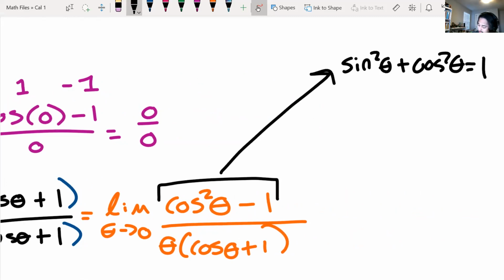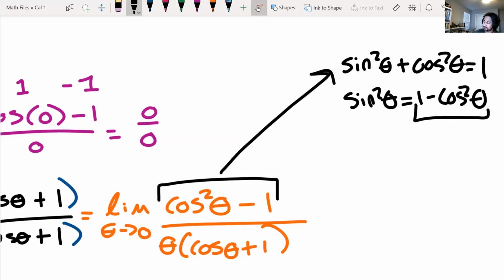And if you rearranged it, you'd get sine squared equals 1 minus cosine squared and the other way around. Well, 1 minus cosine squared almost looks like this, but what's the difference here? The 1 is negative.